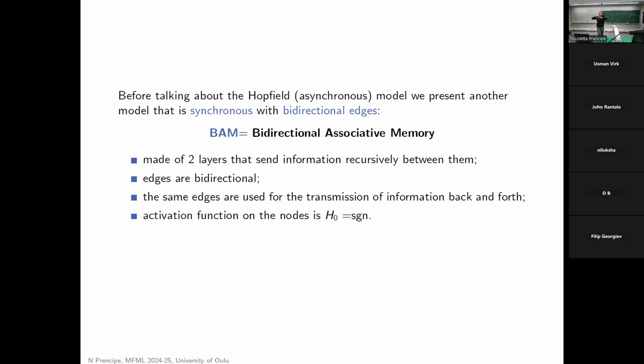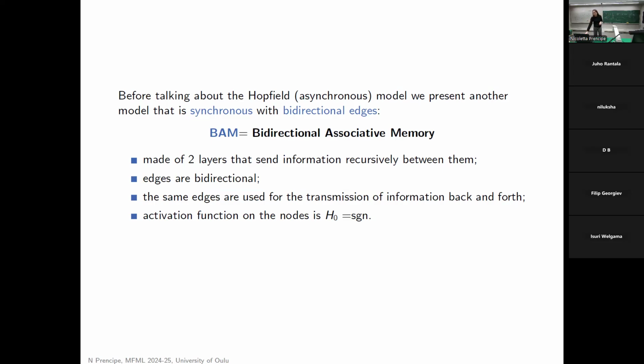These models are called BAM, bidirectional associative memory. And in this model, you have an energy function as well, and you also have convergence to a stable state. So there are two features in common with Hopfield models. They're something to transition from what we did before to what we're going to do next time. So what is a bidirectional associative model?